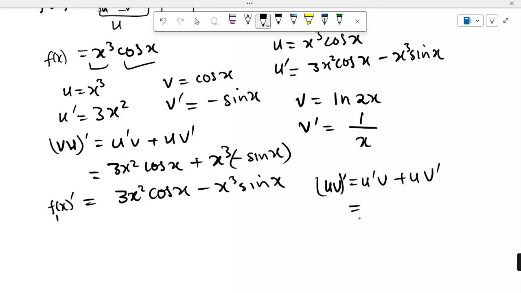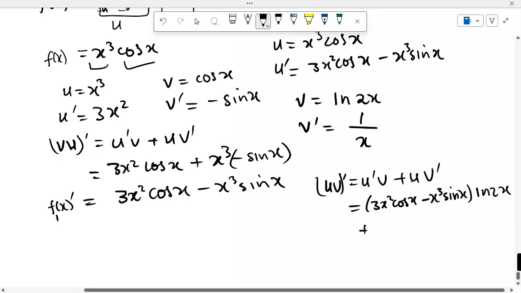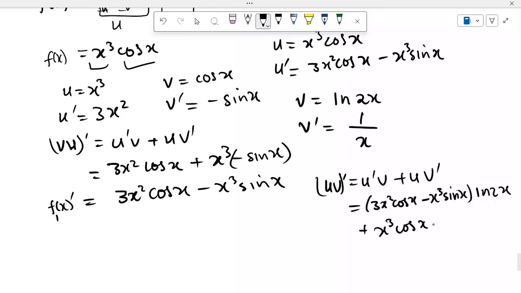So what is our u prime? u prime is 3x squared cos x minus x cubed sin x. v is natural log of 2x. Plus what is our u? Our u is x to the power 3 cos x. From there, u v prime is multiplied by 1 over x.